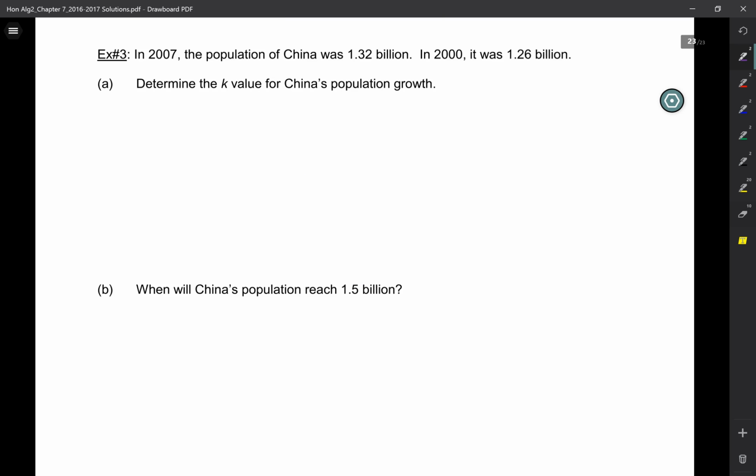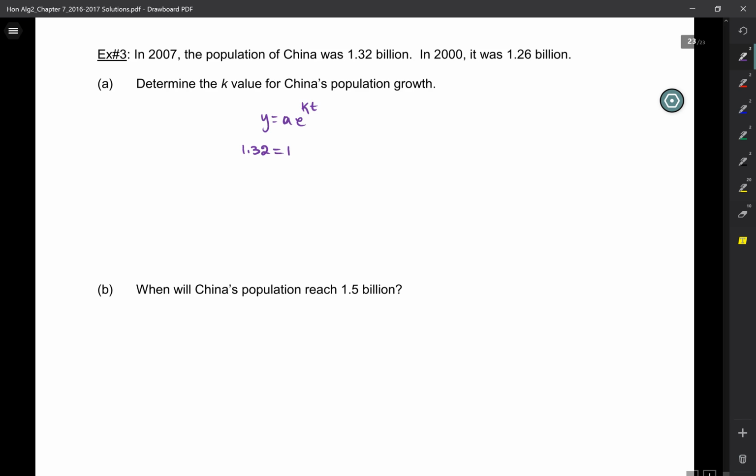So here's the next one. In 2007, the population of China was 1.32 billion. In 2000, it was 1.26 billion. Determine the value of K for China's population growth, right? So Y equals A e to the KT. How much is Y? 1.32.